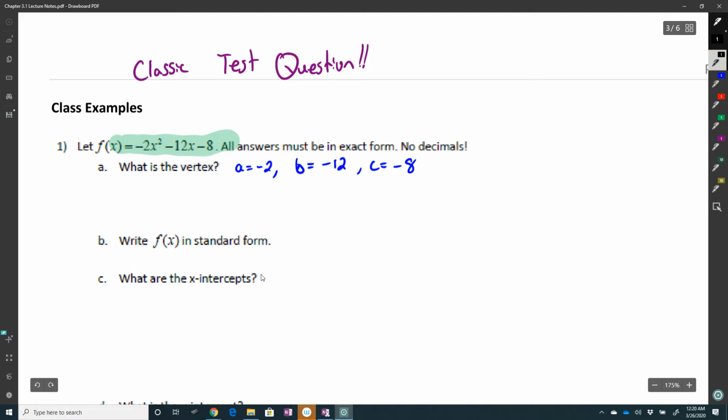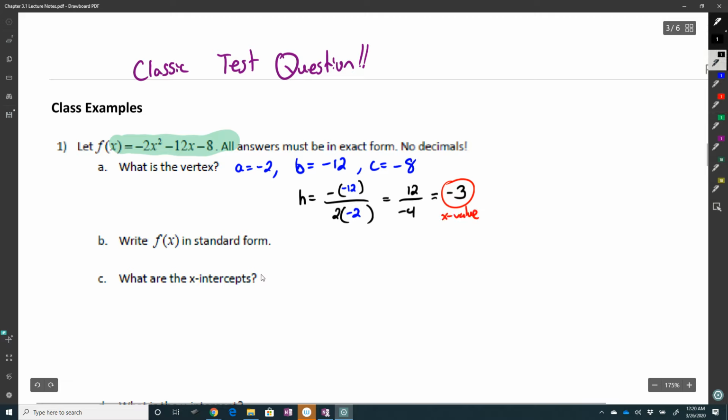So I know that h is equal to negative b, so negative 12, over 2a, negative 2. So that's positive 12 over negative 4, which is negative 3. So that's the h value of my vertex. Remember, this is the x value.